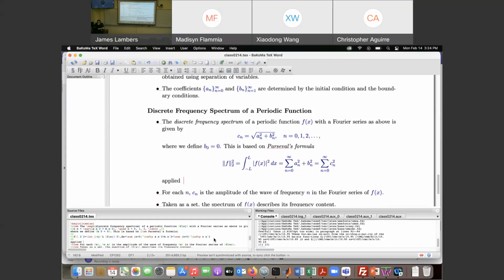So you can see Parseval's formula applied to the restriction of f.